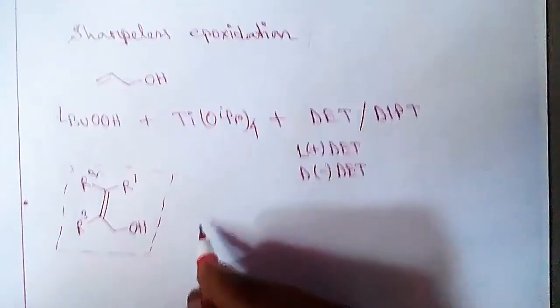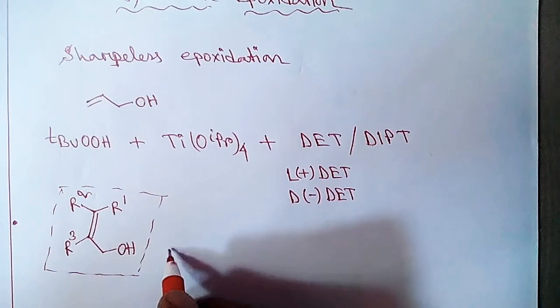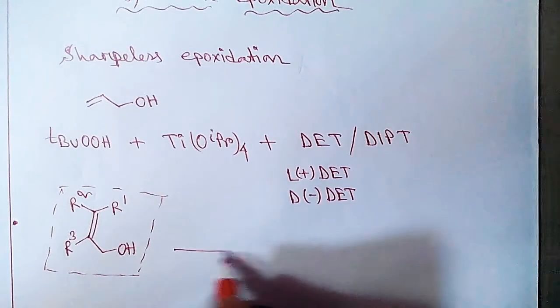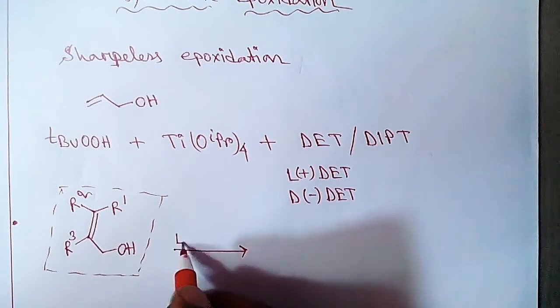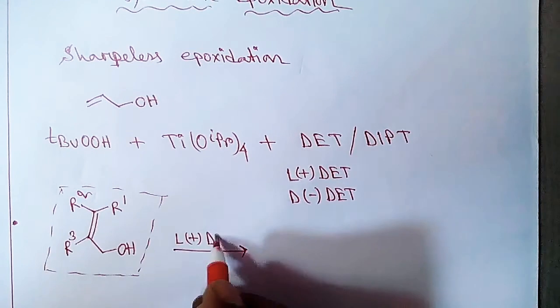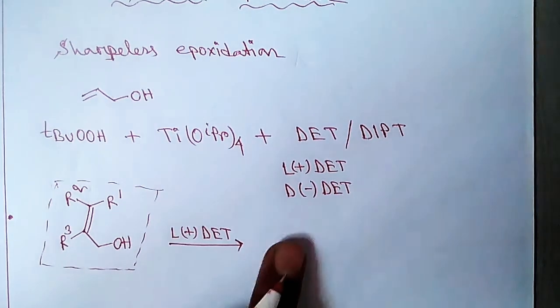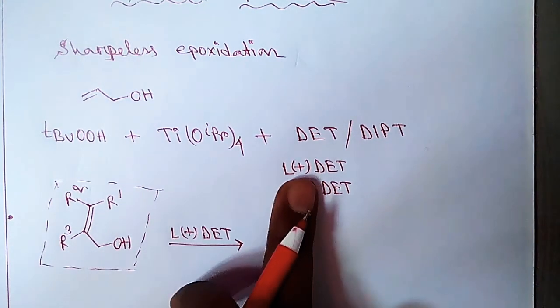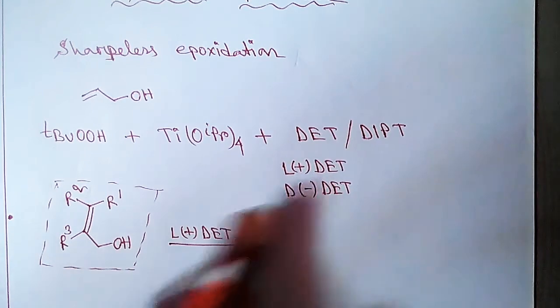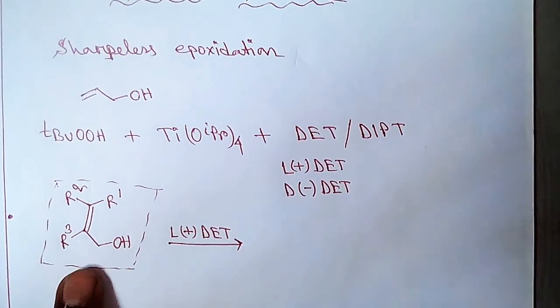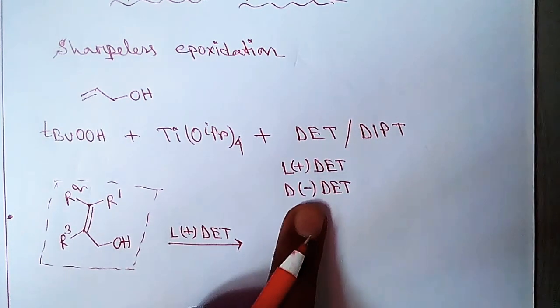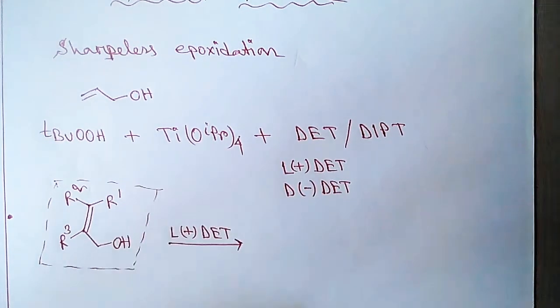Now if you use L plus DET, you have to remember that the reaction occurs from the lower side. When D minus DET is used, the epoxidation occurs from the upper side.